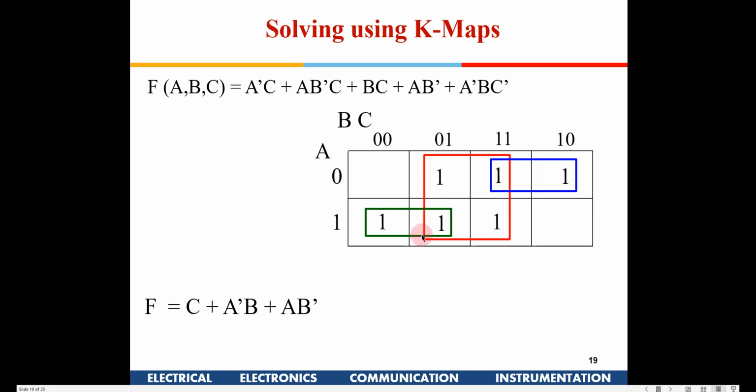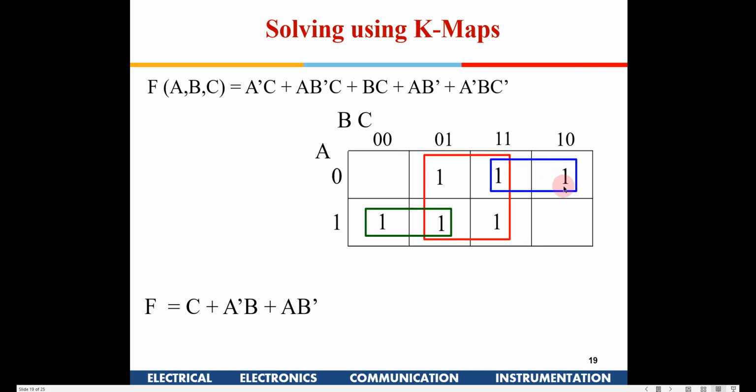Now 4 box is possible, so I put this one full 4 box, and then this one will be left out here. Now I said where possible, if it is possible to make a bigger box, then we should make a bigger box, even if it is overlapping another box, doesn't matter, because if I write only one, then it will give me a 3 variable expression. If I put only this box, the expression for this one, if I make a single box here, it will be a dash b c dash.